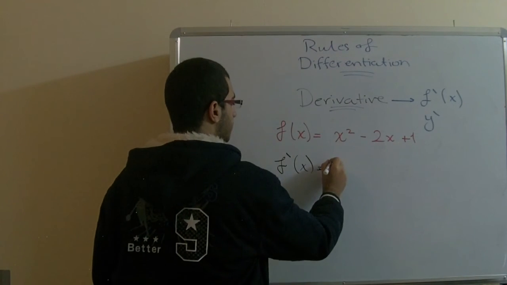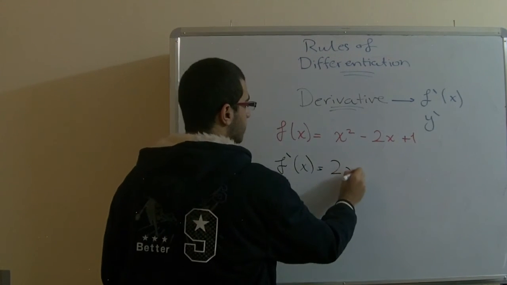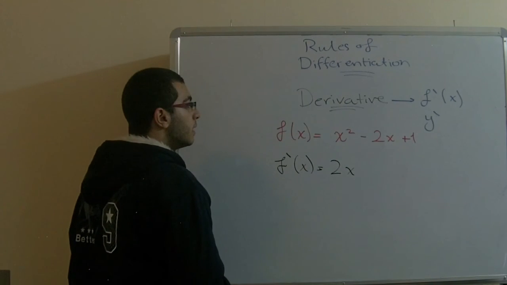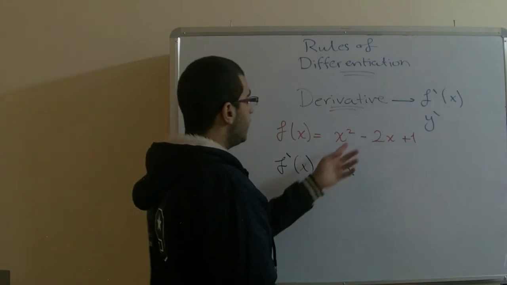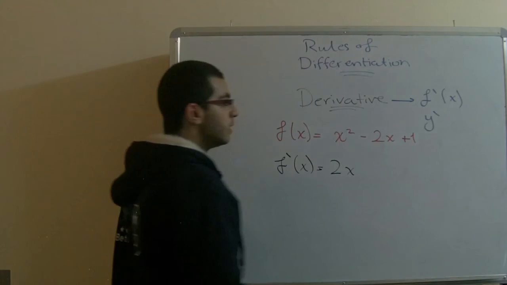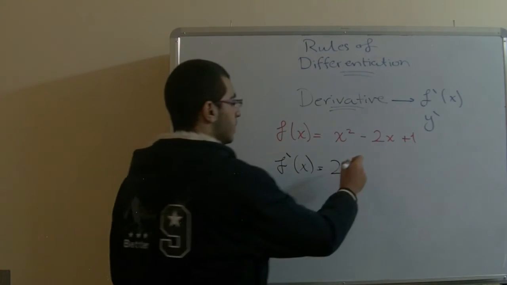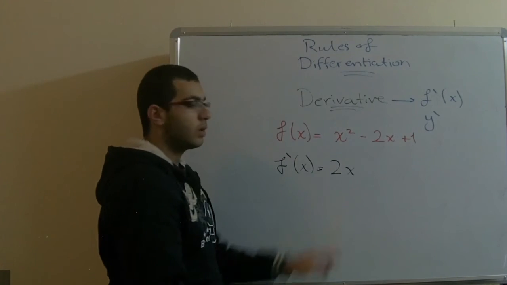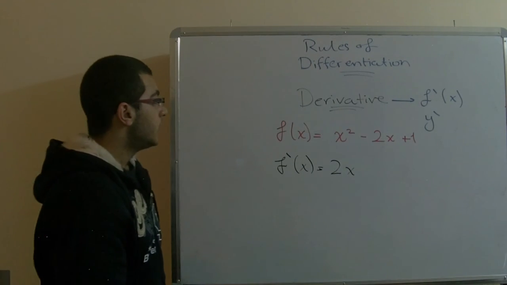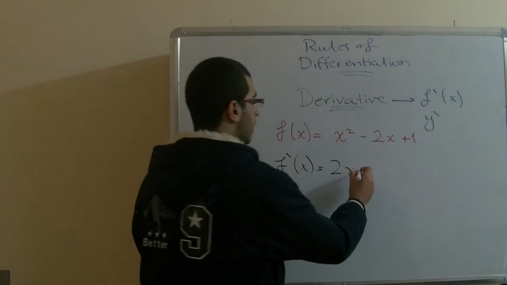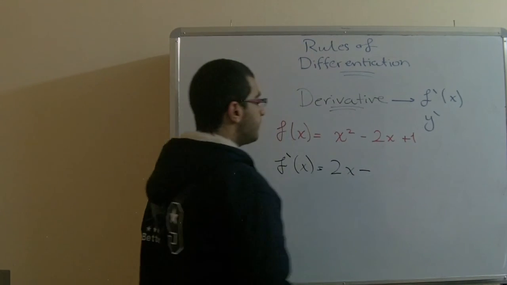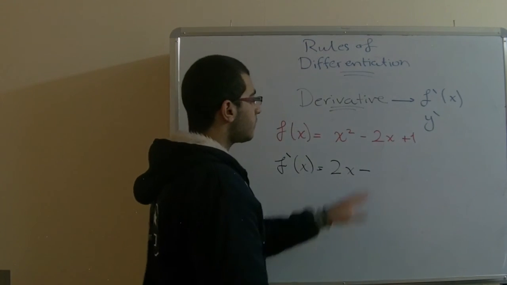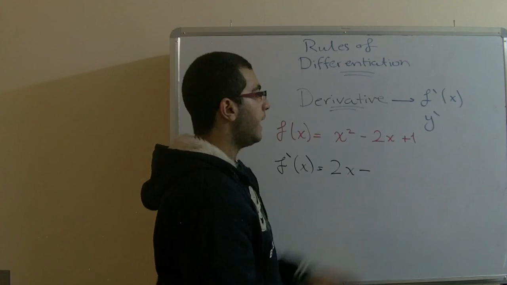So for this x to the power 2, we will apply the rule now. We drop the 2, keep the x, and here we have 2 minus 1 gives us a 1, so we do not write any power. The next term, we will write the minus, then we have 2x.